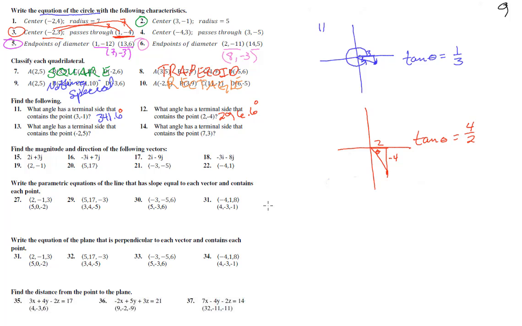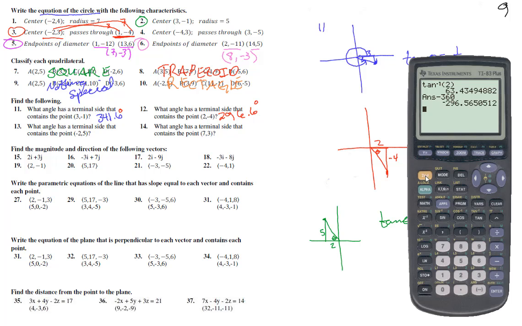The next one, number 13, looks a little bit different. This time we're at -2, 5, which is up here. And so if we drew our little triangle, we have a 2 and a 5 there. Here's our theta. So tangent of theta equals 5 over 2. Let's figure out what that one is.